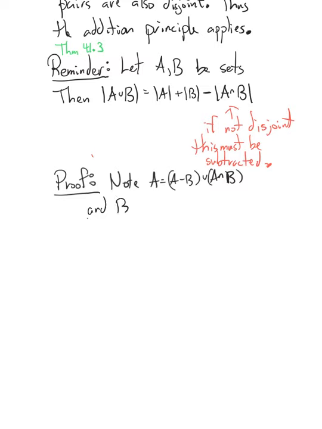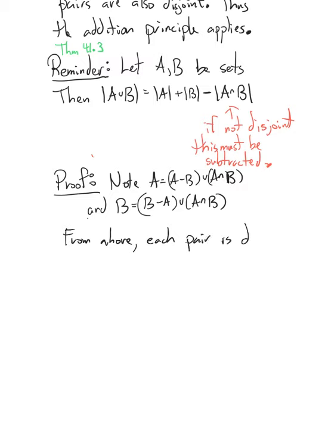And B is B minus A union the intersection of A and B. So remember that from above, these are disjoint. Each pair is disjoint. A minus B and A intersection B are disjoint. B minus A and A intersection B are disjoint.